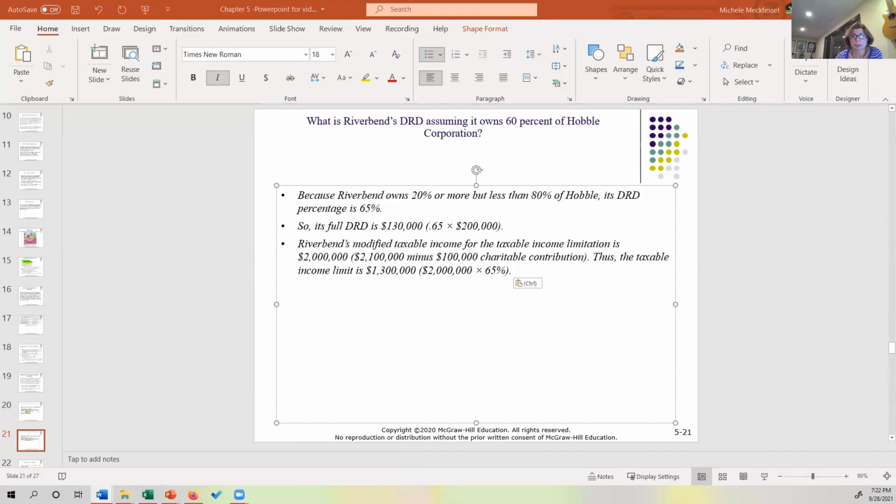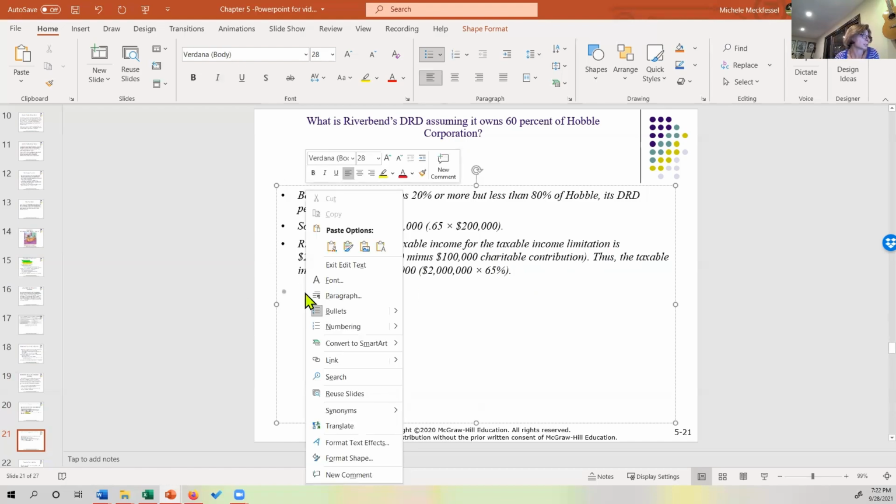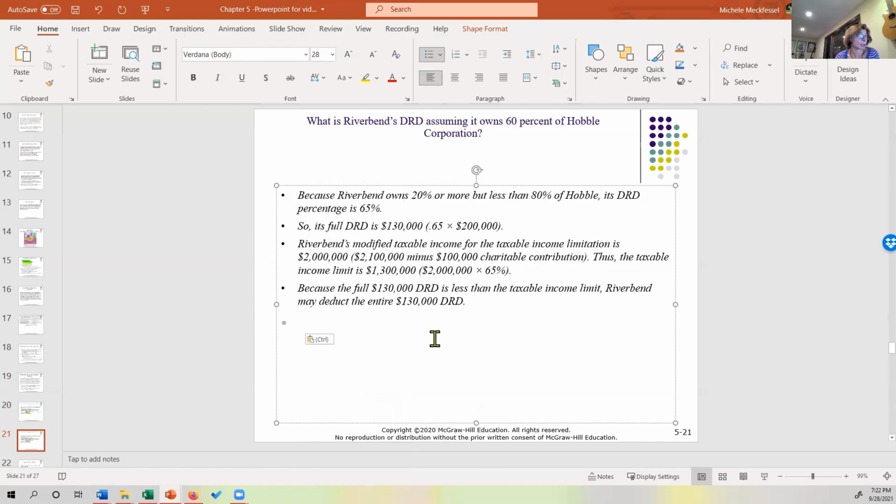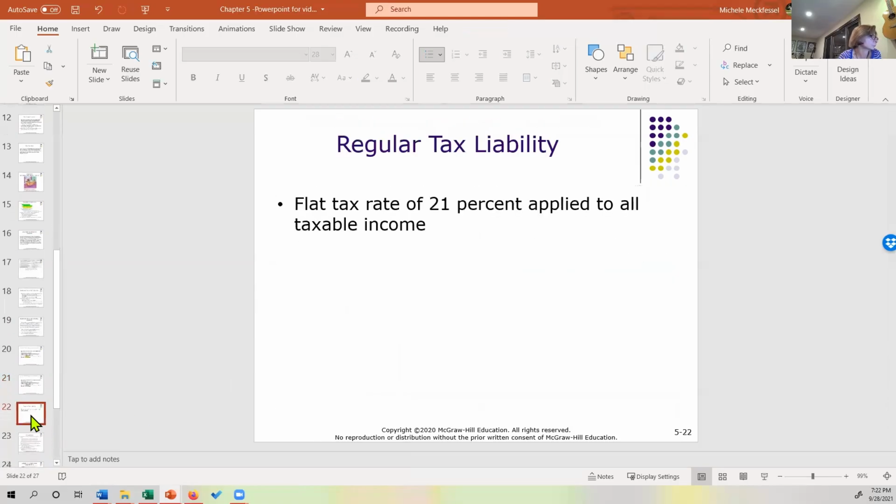Again, that full $130,000 dividends received deduction is less than their taxable income limit, so they get to deduct the entire $130,000. Remember that from a corporate tax rate perspective, they have a flat tax currently of 21%.